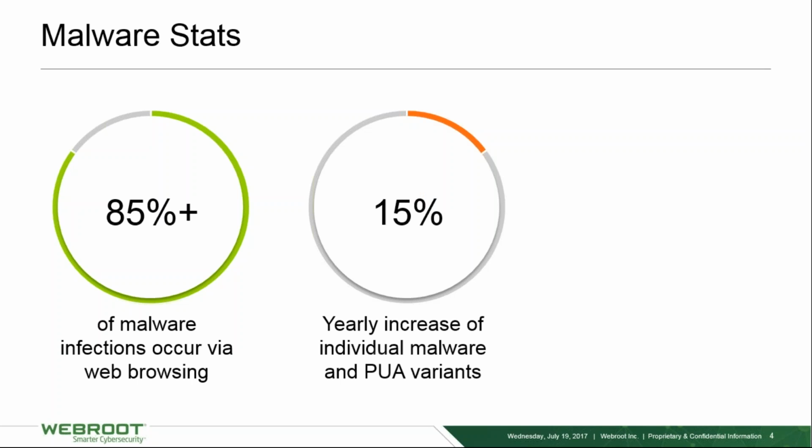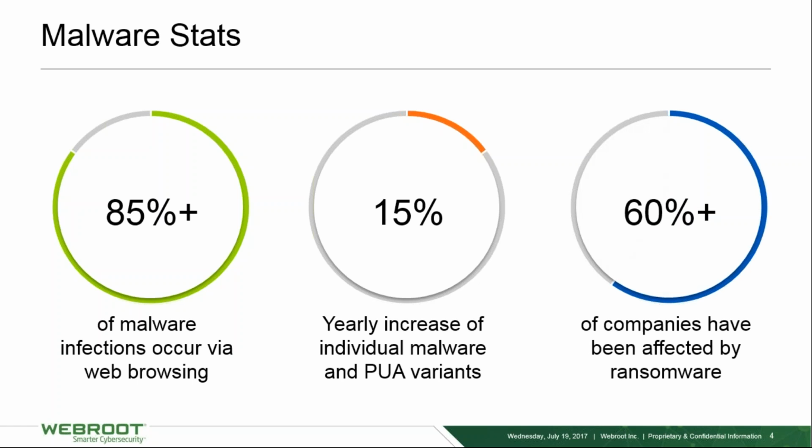The number of individual malware and PUA, which is potentially unwanted applications, variants has increased 15% a year for the past few years. What's interesting is that even though the variants are increasing, the malware frequency has remained steady over this time.